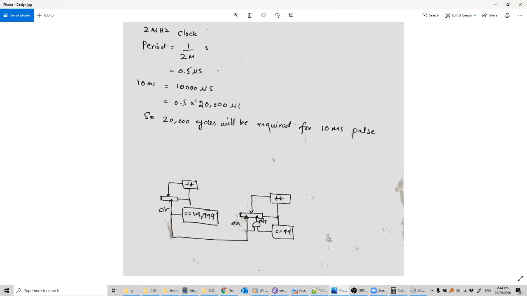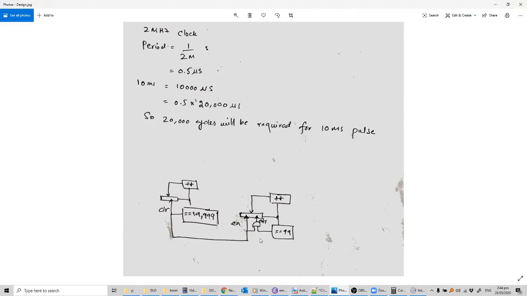It will just clear in one cycle of the 2 megahertz clock. So instead of that, we have used this AND gate, so that whenever this is incremented from 98 to 99, the next enable will come after 10 milliseconds. When that enable comes and the count is 99, then we'll clear it. So after 99, it will be automatically cleared to 0. So this is the design.